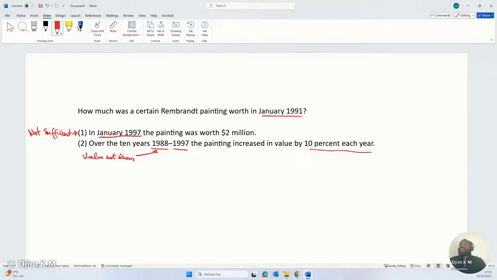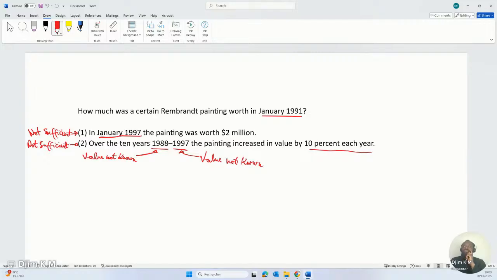At least if we had that information, we could have determined that each year the value has increased by 10%, but we don't know the value. And here we do not also know the value in 1997. But what that means is that the second condition alone is not sufficient.